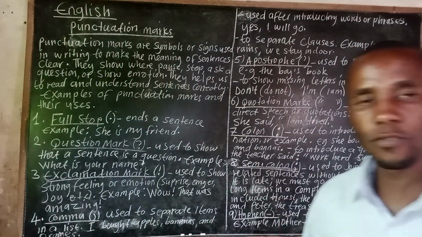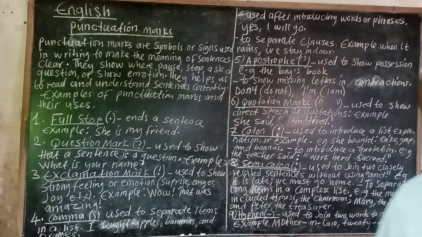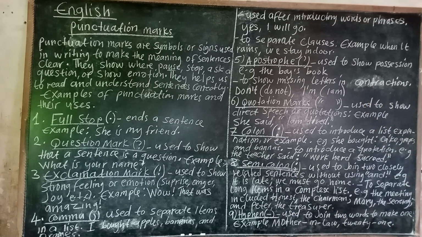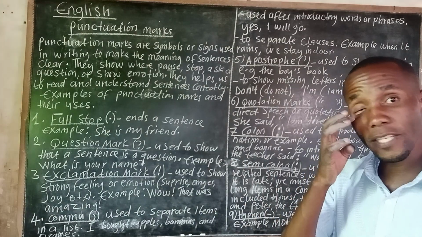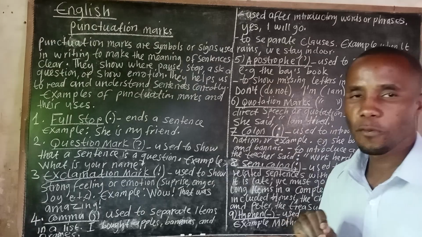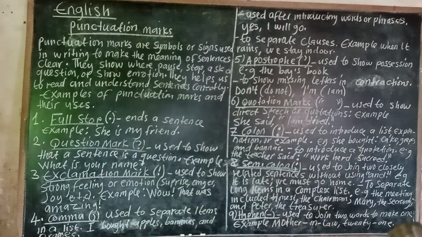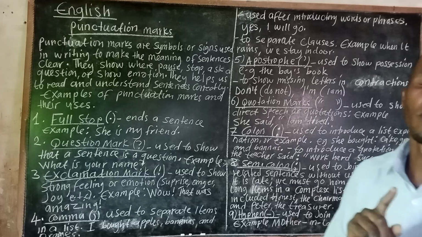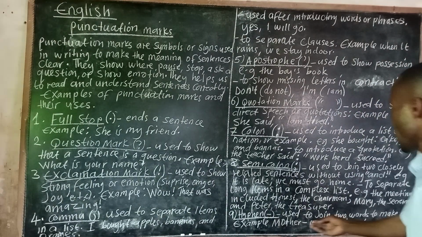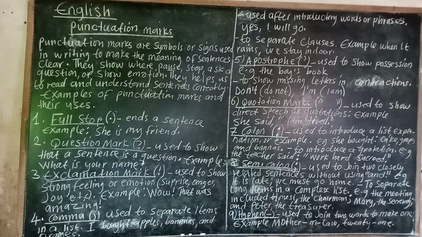Then we can go to number 9, which is the hyphen. Hyphen, what is it used for? Hyphen is used to join two words to make one. Just to join words to make it one. For example, mother-in-law. So we have 3 words there. Now we have used hyphens to make it one word.